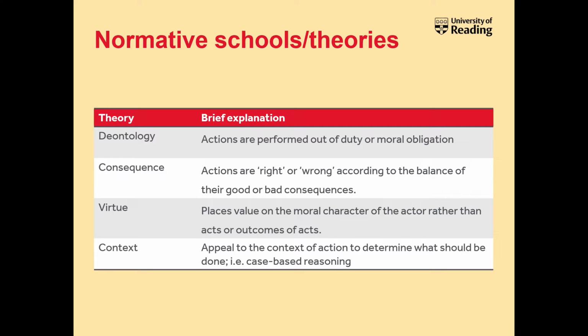Virtue places value on the moral character of the actor rather than the acts or outcomes of acts. And context ethics appeal to the context of action to determine what should be done, for instance, in case-based reasoning. So this year we're going to focus on deontology. Next year we'll look at consequence, and in the third year we look at virtue.